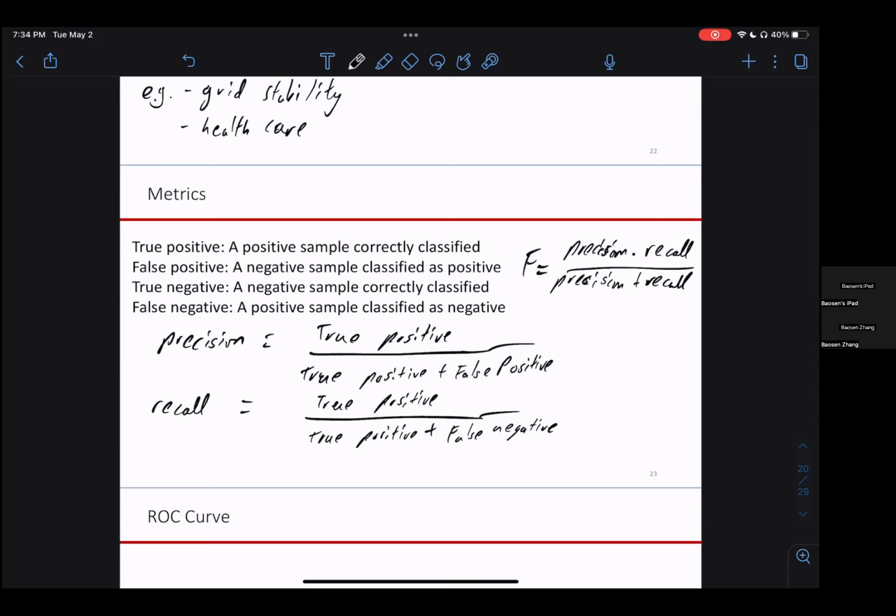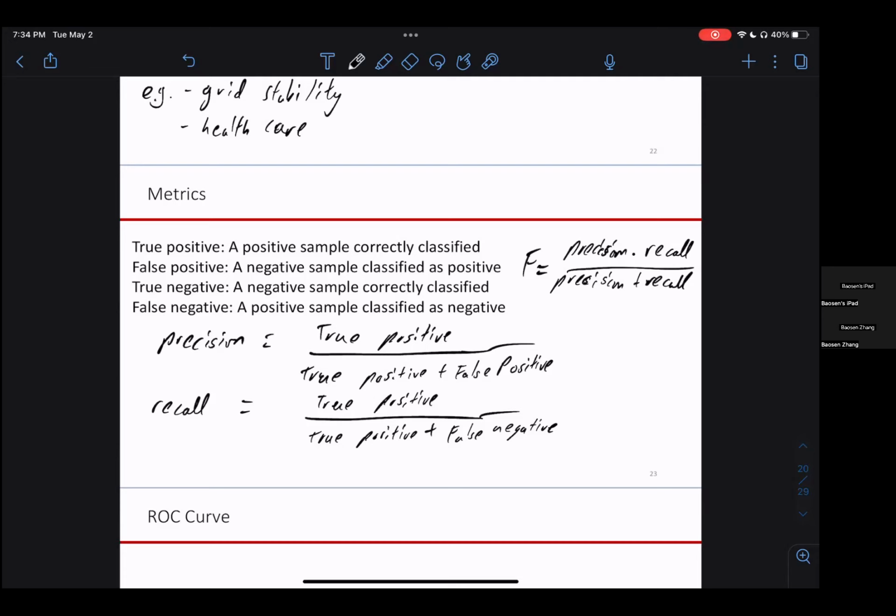Good, that's a good question. The question is, if I report these things and not the cross entropy, why don't I just optimize these? Why don't I just optimize recall, or the F score? Why bother optimizing cross entropy? Why not directly maximize this thing?